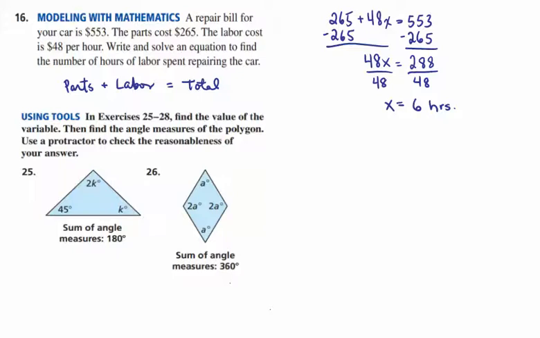The sum of angle measures in a quadrilateral has to add up to be 360. So we're simply going to then use an equation. We know that all the angles in the triangle, first of all, which would be 45. So this is example 25 here, and the previous was example 16.